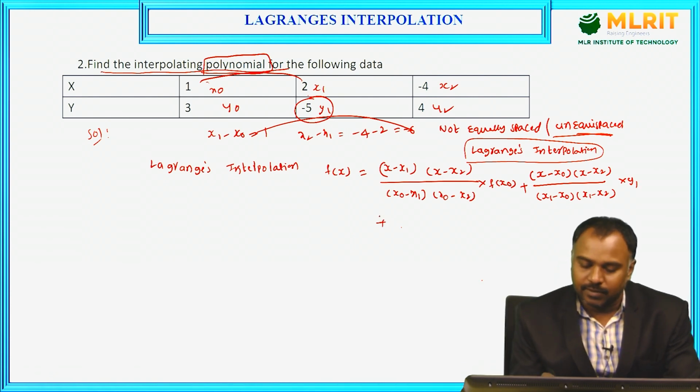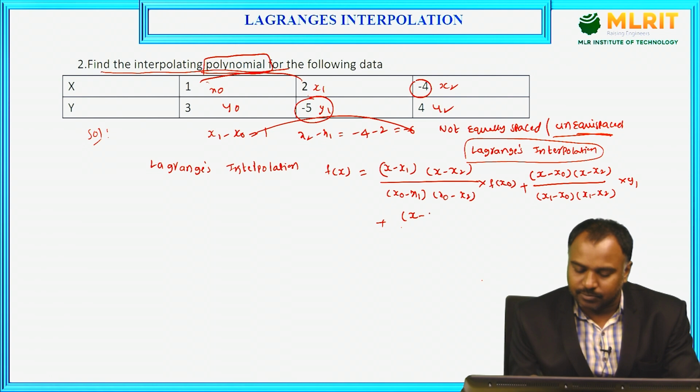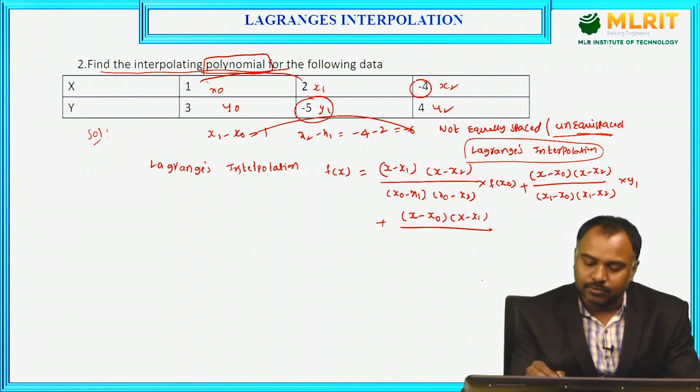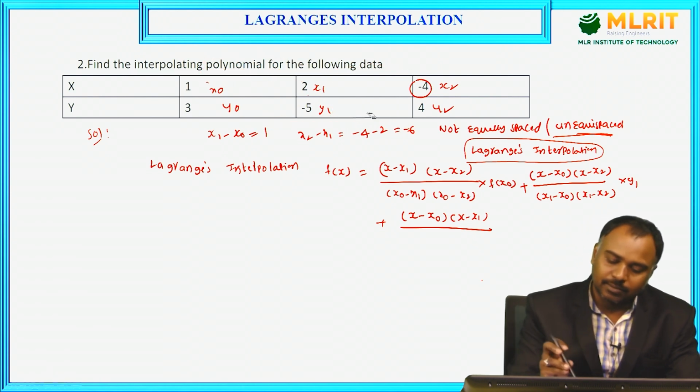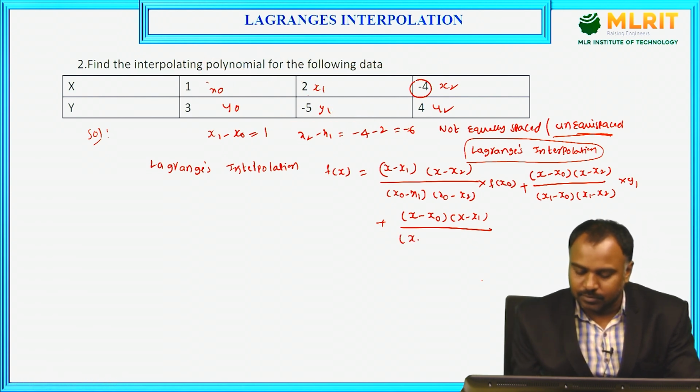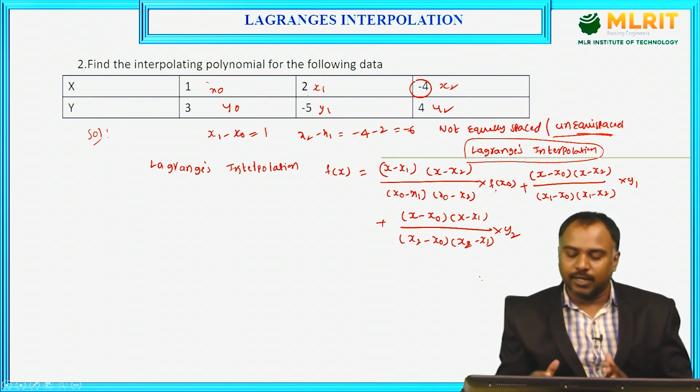The same way the third term, x minus x0, x minus x1 in the numerator, and the denominator x2 minus x0, x2 minus x1, into the respective function value, which I am denoting with y2. Either you can write f of x2 or y2, anything is okay.